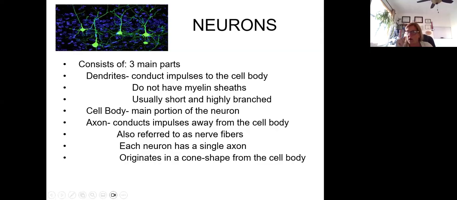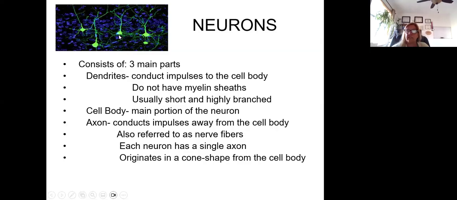Each neuron only has one axon, and it originates from the cone shape of the neuron itself. If you look at this one up here, you can see the triangular-shaped cell bodies.